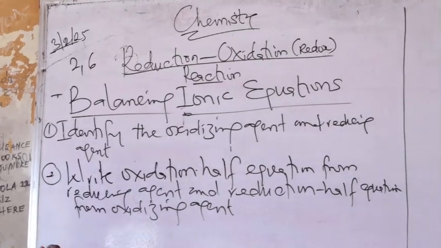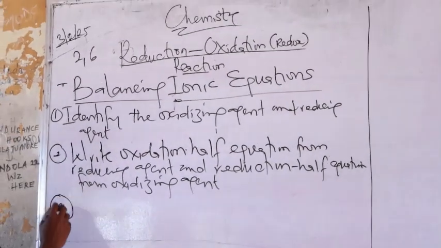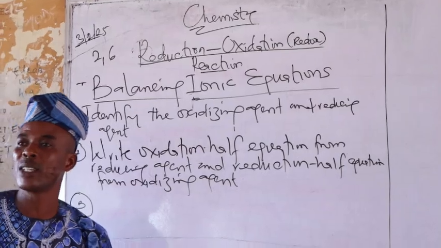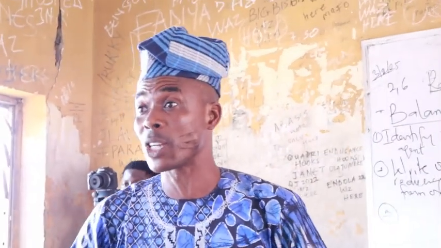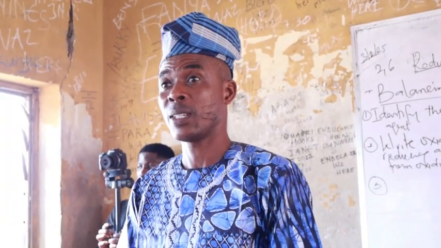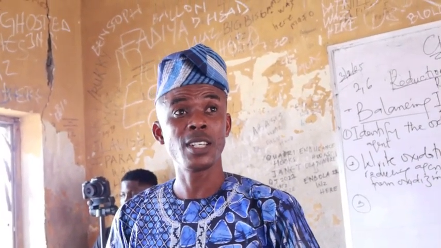So number 3. We have broken the equation into two halves. All we need to do now is to balance each half. Are we together? We balance what? Each half.